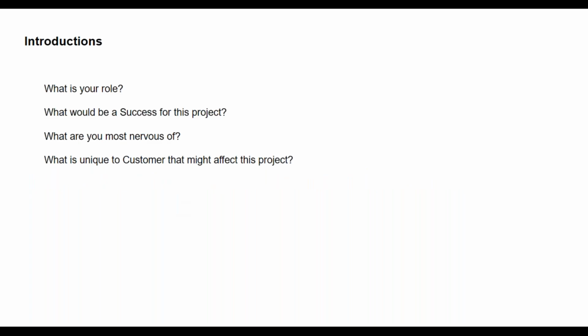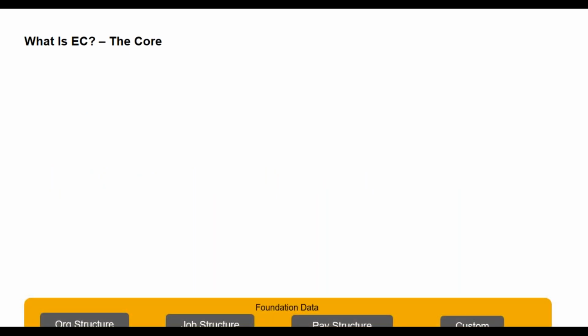Okay, let's see what we have in Employee Central. What is EC? The core, the base for Employee Central is your foundation data. The first thing that we set up in the system is foundation data. Foundation data is the building blocks, the objects that are used to build the structure of your organization, job and pay.